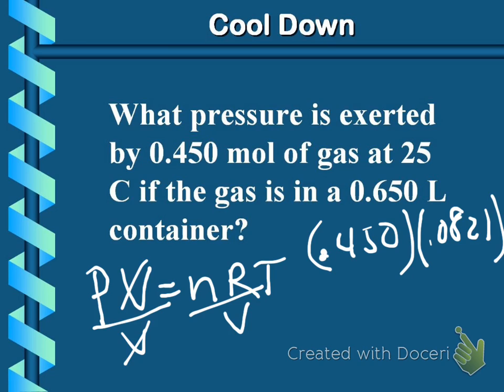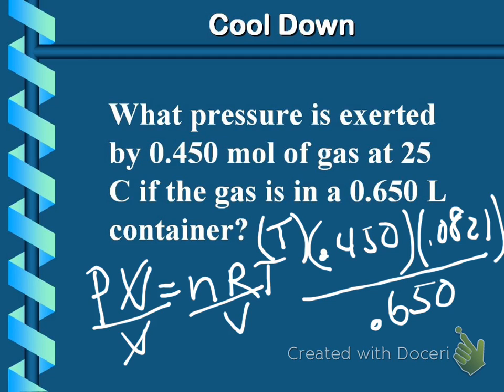Oops, I ran out of room. But I would realize that the temperature would go in here in Kelvin, and then I'd put that over 0.650 liters. Keep in mind that if you wrote 650 milliliters, your answer would be wrong because the number 0.0821 wouldn't work anymore. You'd have to change that by a factor as well.